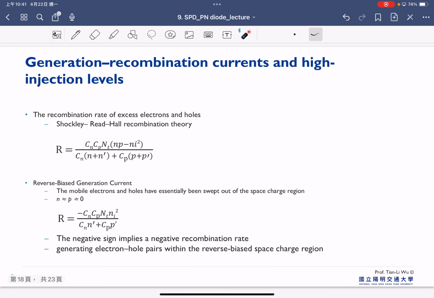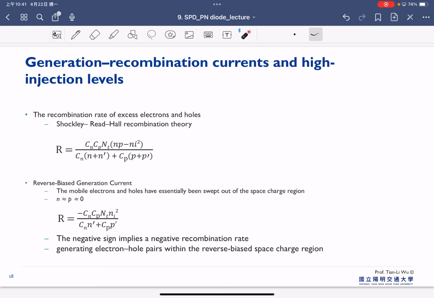And of course, there's still some additional consideration we might need to be aware of. The first one is the generation recombination current, and then we also have to consider the chance of high level injection. By considering recombination, we have to apply the Shockley-Read-Hall recombination theory that we have already described before.